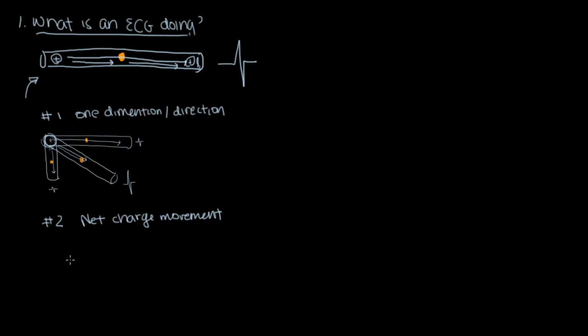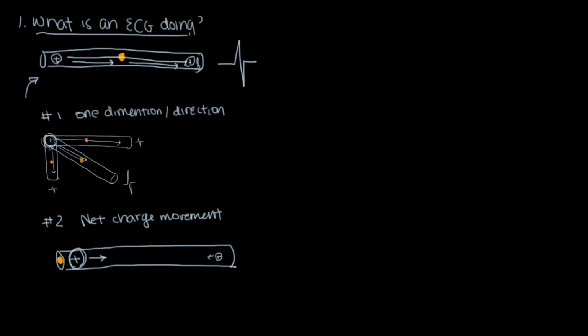But if you were to, for example, have a tube here, same thing, except let's put the sensor over here. And you have a large charge over here moving that way, and a very small positive charge also moving from the opposite side towards the sensor, right?